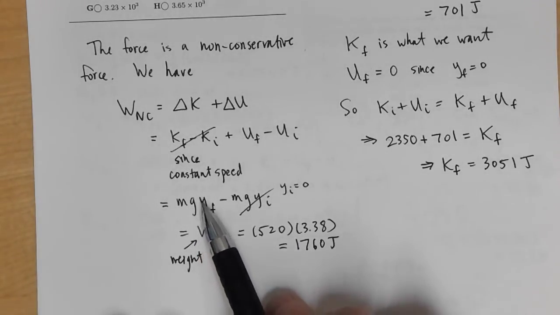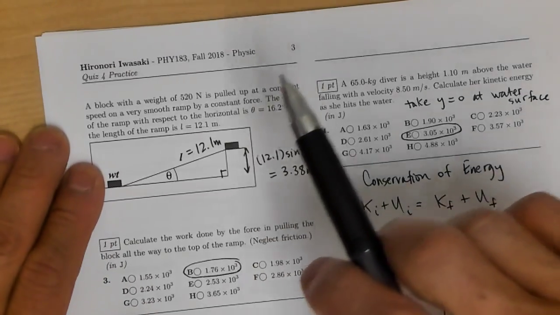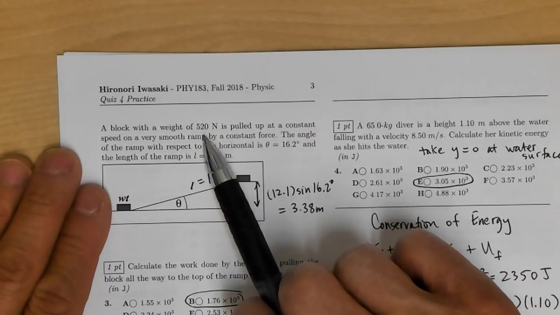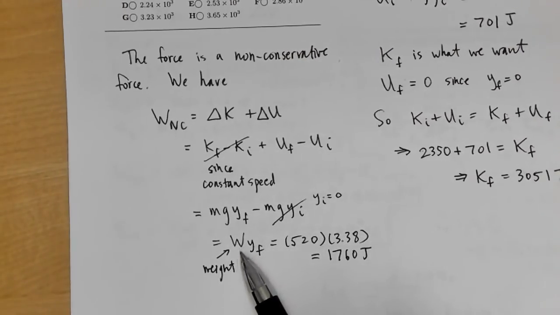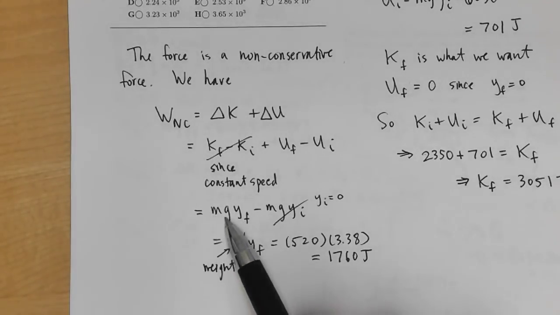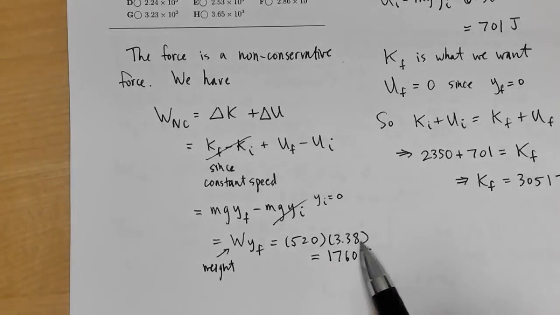And we have mg y final, but they actually don't give us the mass, they give us the weight of the block. So they already take into account m times g, the weight. So m times g is the weight W, and I can write this as the weight times y final. So we have the weight 520 times the y final, which is 3.38, and we get 1,760 joules.